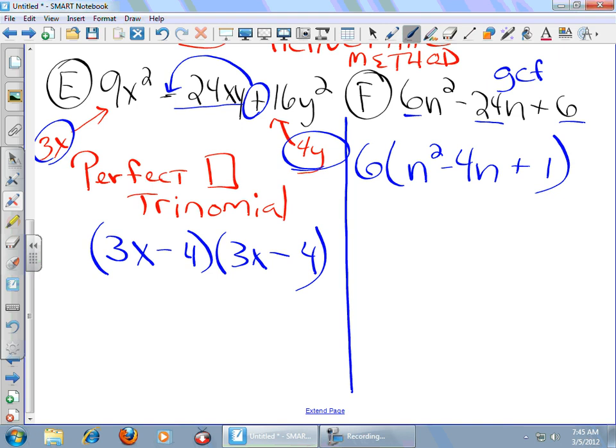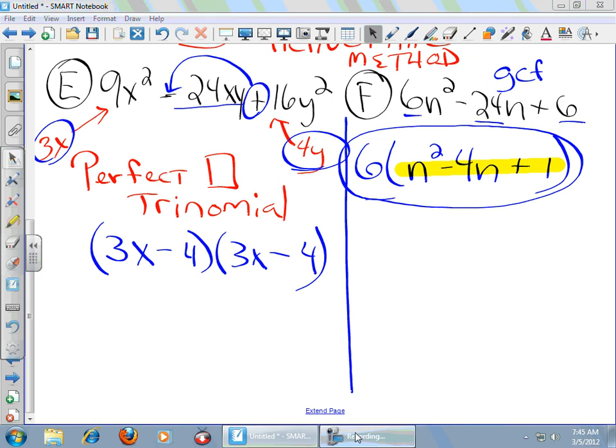And looking at that, I think that's all I can do. I won't call it prime because I pulled out a GCF. This part here is prime, meaning I can't factor it down anymore. But the whole problem is not prime because I pulled out a GCF.